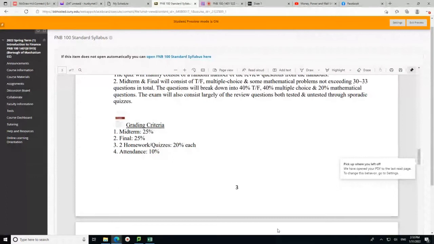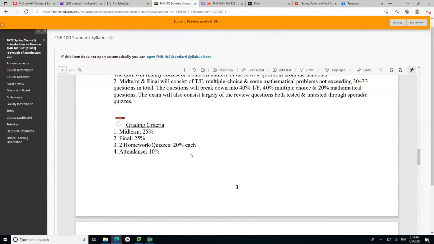Okay, this is the exam policy. You will have 2 quizzes, right? Sometimes I use homeworks, but it's basically a quiz. 2 quizzes, which count for 20% each towards your semester grade.